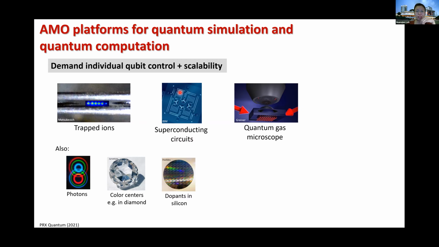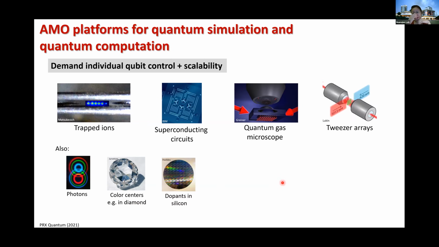And in terms of academic research, there's also been a lot of research on putting ultra-cold atoms in optical lattices. Here you see a picture of the quantum gas microscope, where you're able to have single-site addressability and also single-site detection. I will not talk very much about any of these different platforms, and that includes photons and more solid-state-based platforms like color centers in diamond and dopants in silicon.